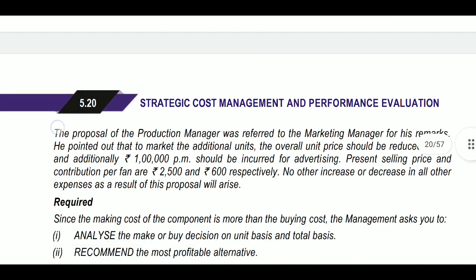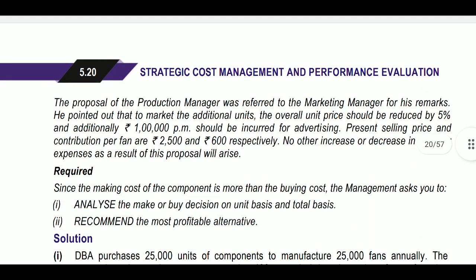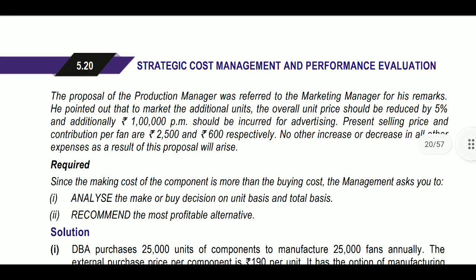Next, the proposal of the production manager was referred to the marketing manager for his remarks. He pointed out that to market the additional units, the overall unit price should reduce by 5% and additionally 1 lakh per month will be incurred for advertising their product.